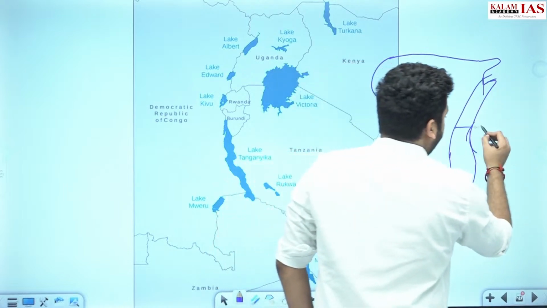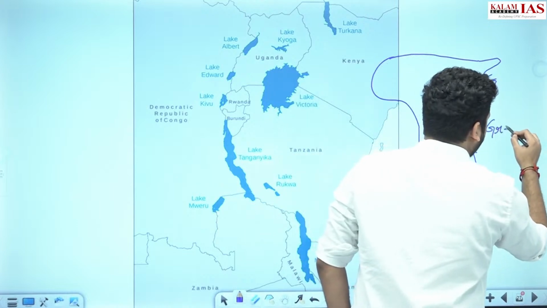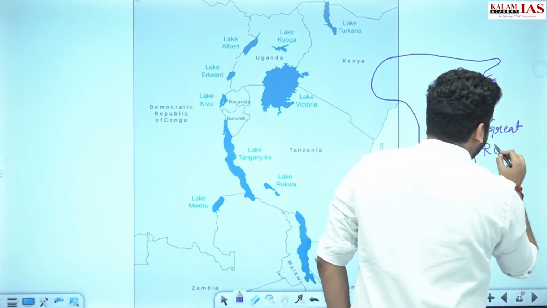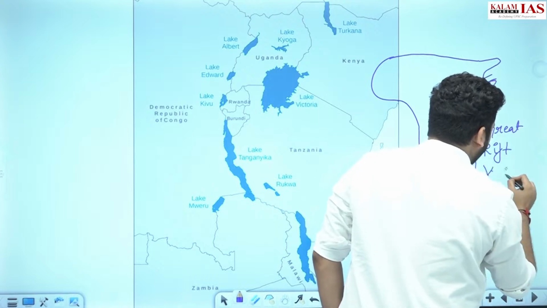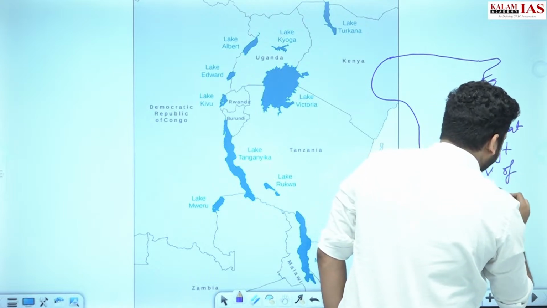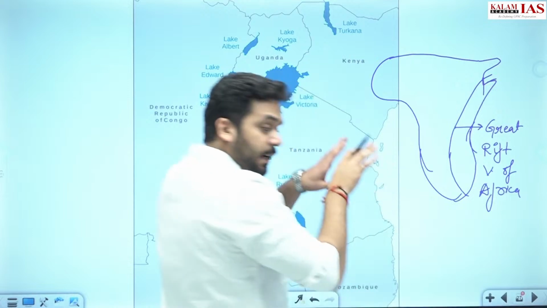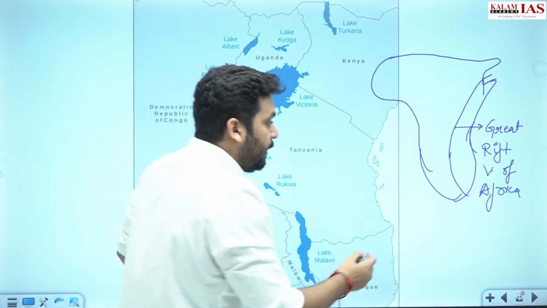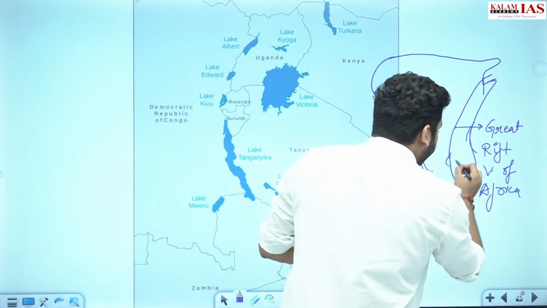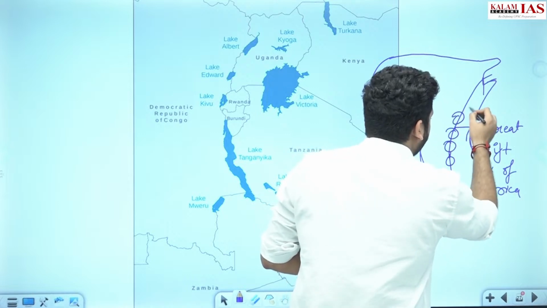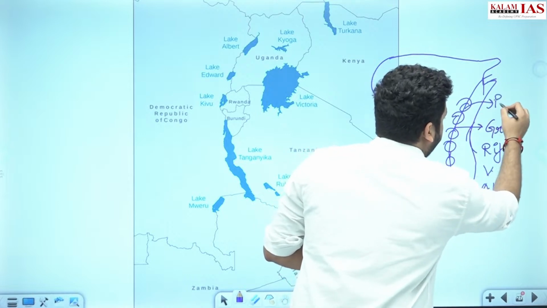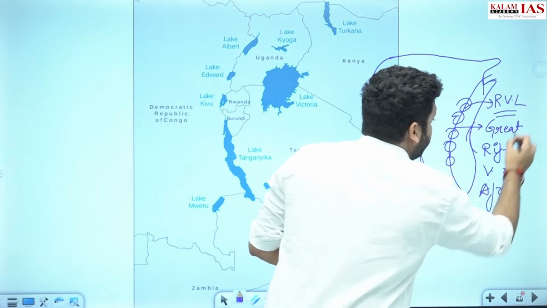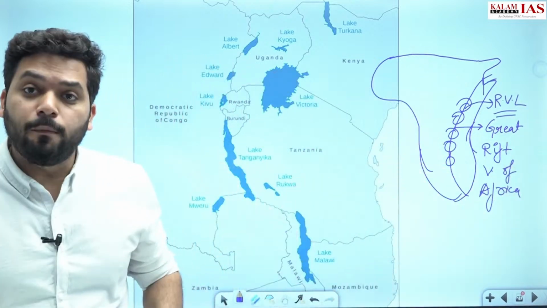This is called the Great Rift Valley of Africa. When it is breaking, water comes inside it, so it is making Rift Valley lakes. So the examiner can form questions.